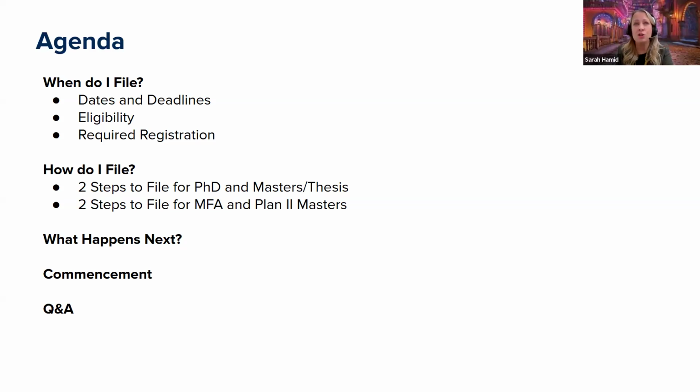I am going to use the terms filing and graduating interchangeably because they both kind of mean the same thing. So when you file to graduate, you're graduating, and we'll get into more of that later. We're going to talk about required registration. And we're going to talk about how do I file, the different steps.